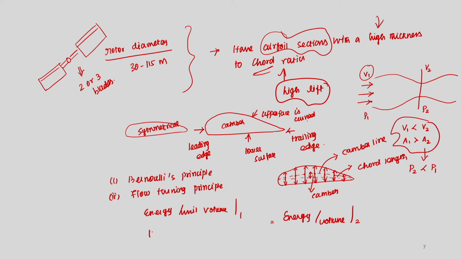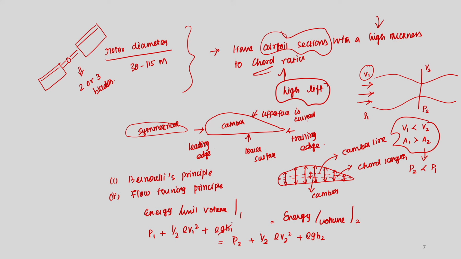Normally they equate the pressure energy and kinetic energy per unit volume. This is half rho V1 square plus rho g H1, which is nothing but the potential energy per unit volume, equivalent to the pressure energy at point 2 plus the kinetic energy at point 2 plus rho g H2, which is the potential energy per unit volume at point 2, right.